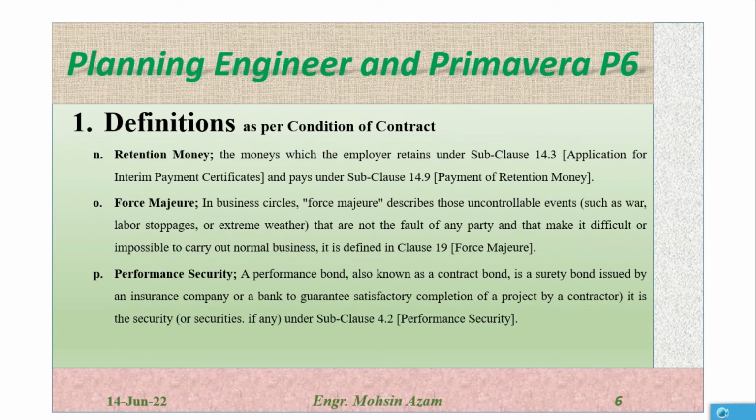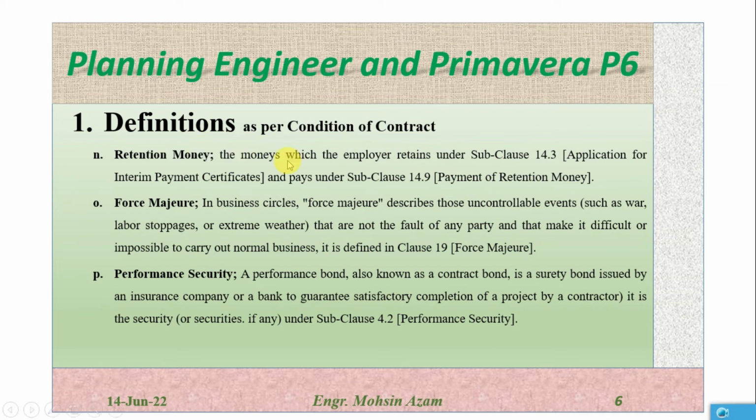Retention money, the money which the employer retains under sub-clause 14.3, application for interim payment certificate and payments. So this retention money is the money which the client will retain from all the payments of the project.